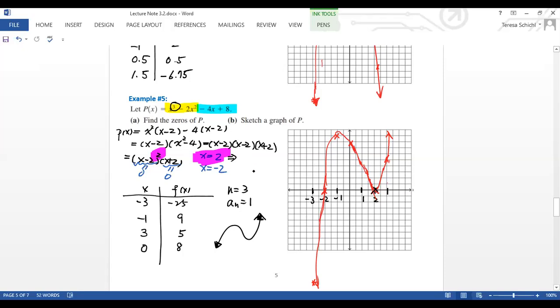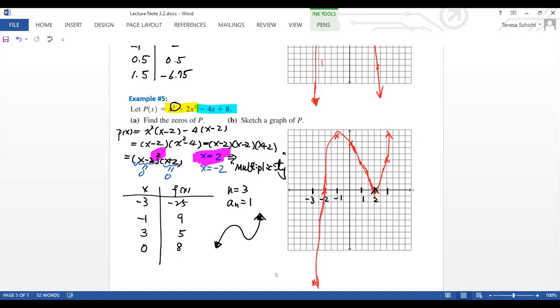So this is what we call multiplicity. That kind of very difficult to pronounce word, multiplicity. That means this zero is doubled or tripled or fourth.